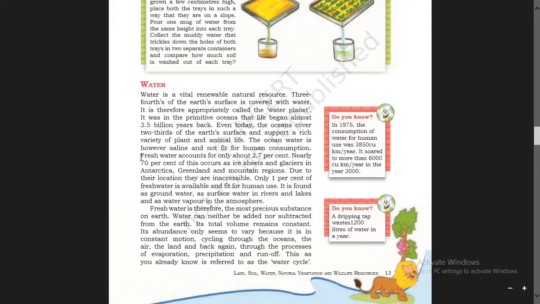The ocean water is, however, saline and not fit for human consumption. Fresh water accounts for only about 2.7%.